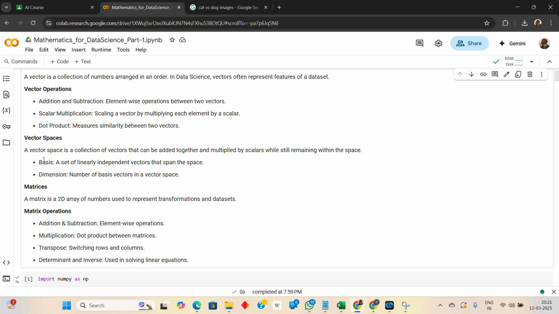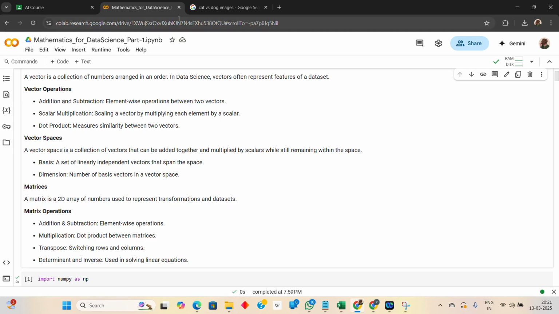Dot product will help us find the similarity between two vectors. Remember this point about dot product. I will again discuss this topic at the end of our entire course, in LLMs. In the LLM concept, this concept will come again, dot product. Dot product is mainly helpful to get the similarity between two vectors.